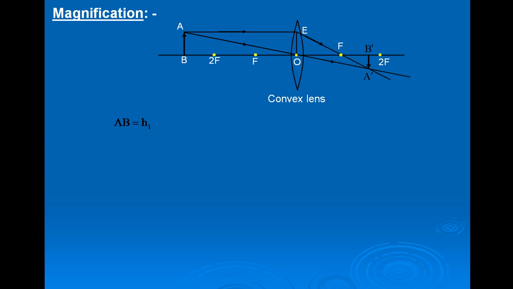AB is equal to h1, the height of the object, and A dash B dash is equal to minus h2, height of the image. It is negative because it is in the downward direction below the principal axis.